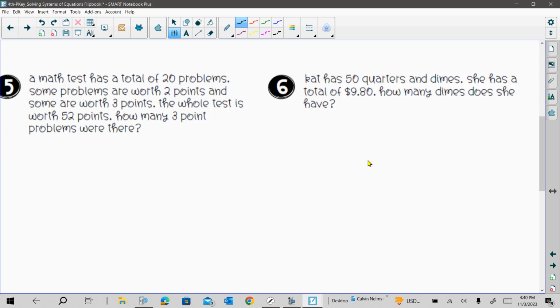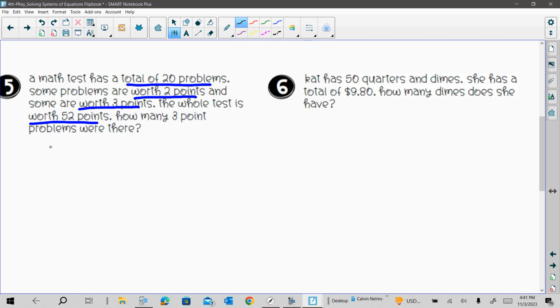Number 5 here is similar to number 1, where you have your point value and your total number of questions. We have a total of 20 problems. Some problems are worth 2 points, and some are worth 3 points. The test is worth a total of 52 points.